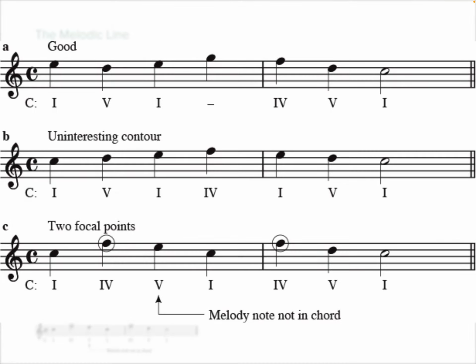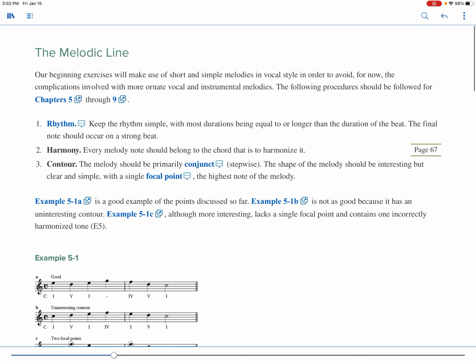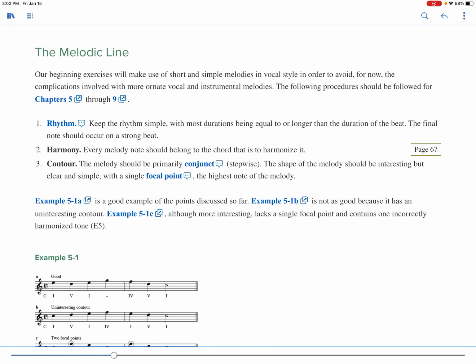Let's go quickly back here. Contour: the melody should be primarily conjunct, which means stepwise, so not a lot of leaps. You can think about any melody that's singable, that's tuneful. A melody that's singable and tuneful doesn't sound like this. Very leapy, of course, and I was super leapy on that part.